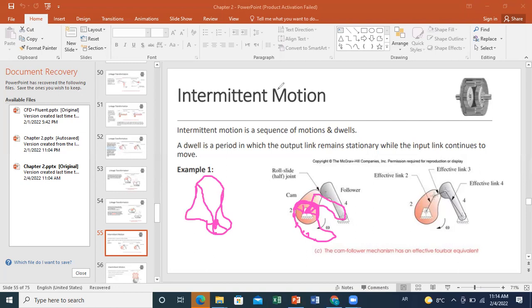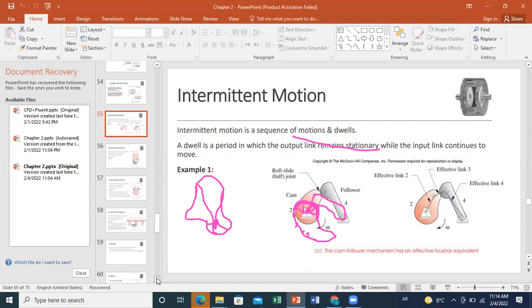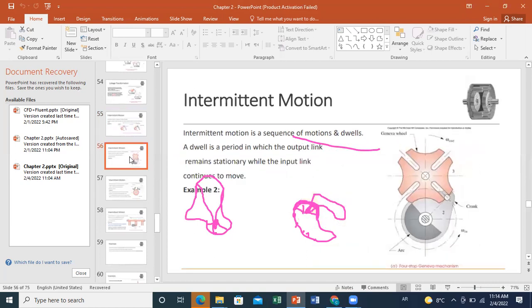So this is the easiest type of intermittent motion you can create through a cam follower system. You have several other mechanisms, and to understand them more, I posted several YouTube links showing the simulation of these mechanisms. So please, if you didn't go over them, try to watch the videos. They will help you to understand what is happening.